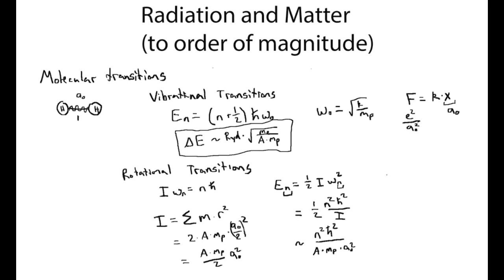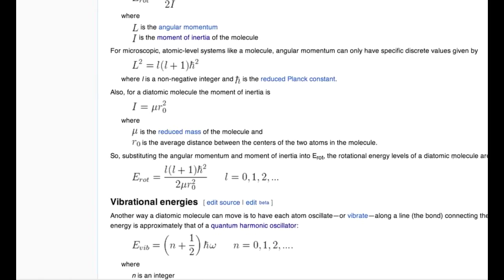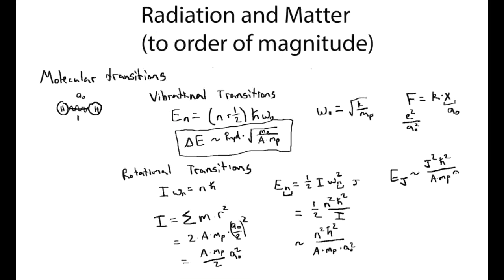So typically, when we're talking about molecules, we'll use a J there instead of n. So you'll talk about the energy of the jth rotational state. And these go as J squared h bar squared over the atomic mass and the Bohr radius squared.